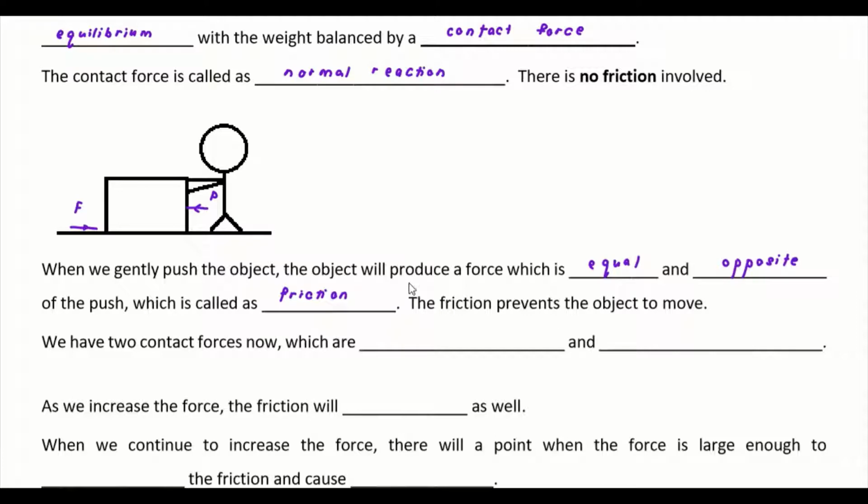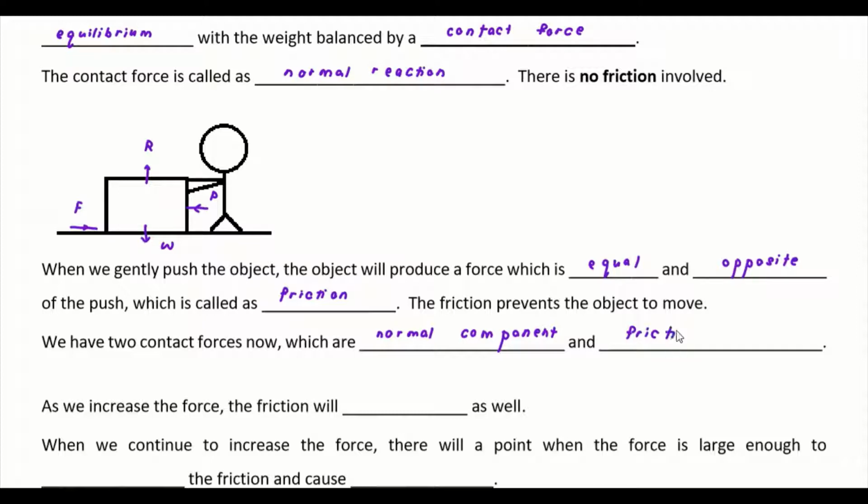You can realize that just now we said there is a weight and a normal reaction. Now we also have the friction. So when we try to apply the push, there's also a friction that actually occurs. So now we have two contact forces, which is what's stated in your learning outcome: the normal reaction component and the second one, the frictional component.